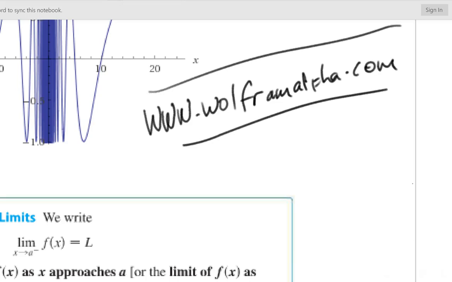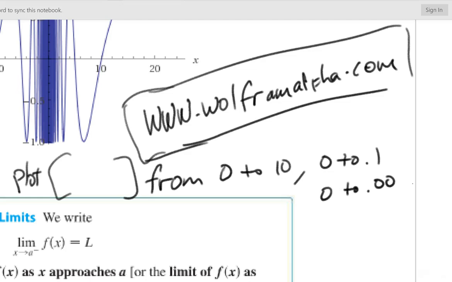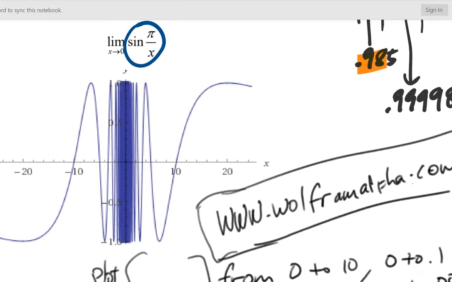So go check that out and do some graphing with that. You'll do plot, and then you write your function in here, and then do like from 0 to 10. And then from 0 to 0.1, 0 to 0.001. And you'll see that it's just absolute gibberish in the middle here.